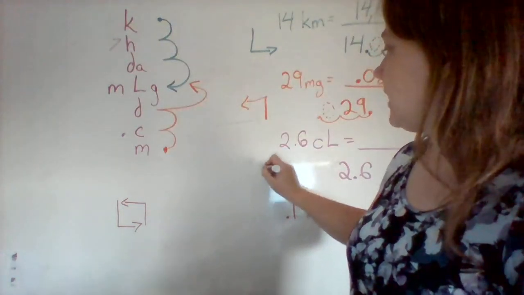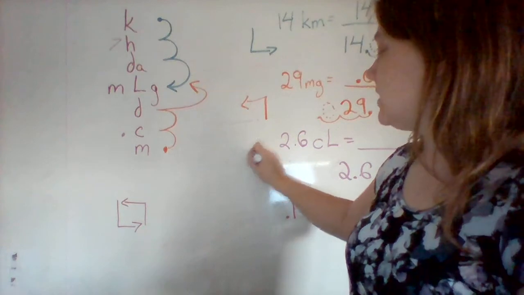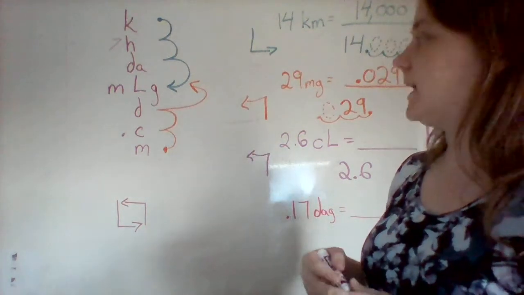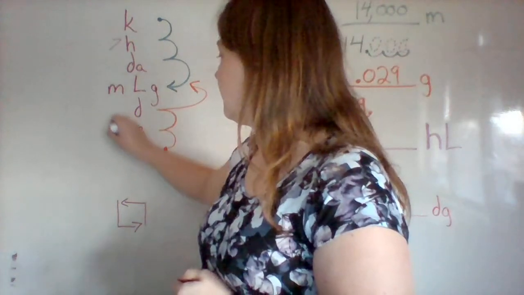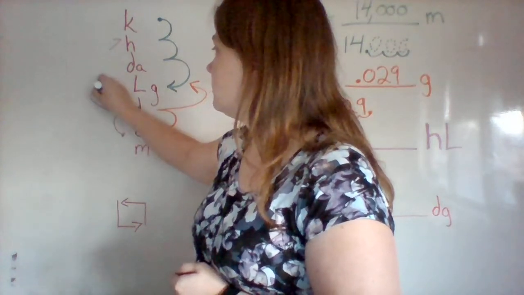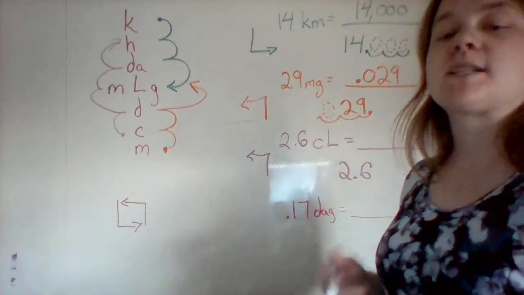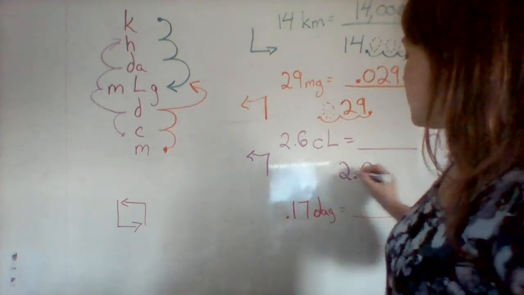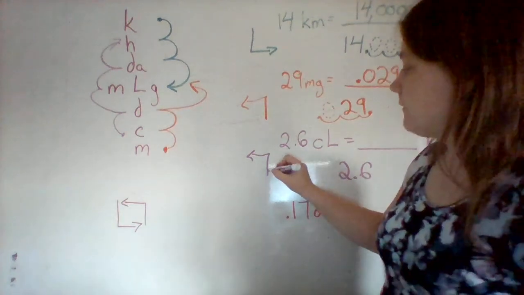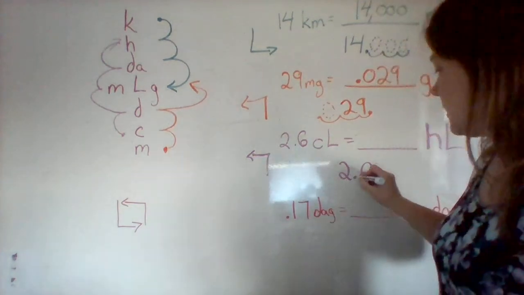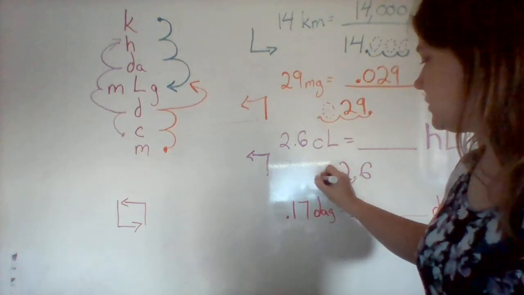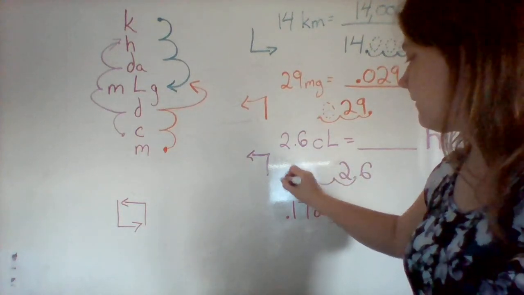And because I'm going up, I'm going to need to use the 7 of my L7. So let's go ahead and count the steps. 1, 2, 3, 4. So that's going to be 4 steps it took me to get up there. So I'm going to move this decimal 4 steps to the left. 1, 2, 3, 4.